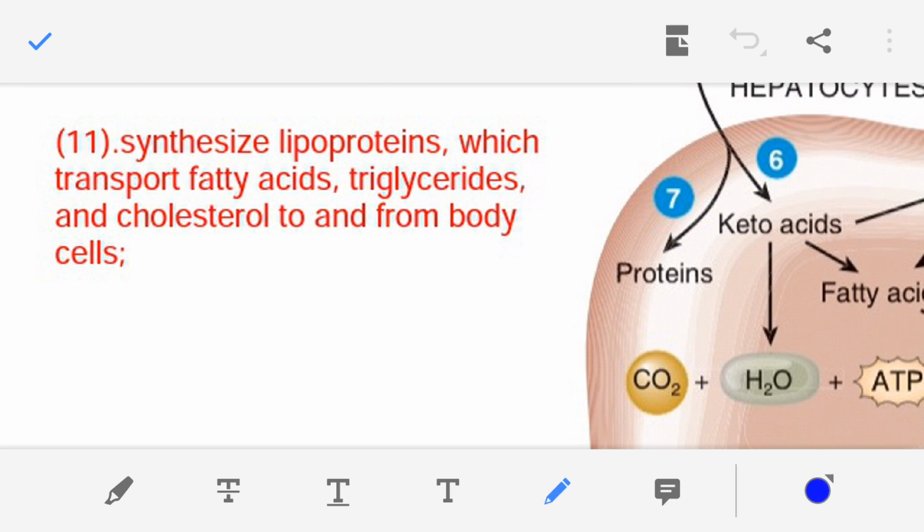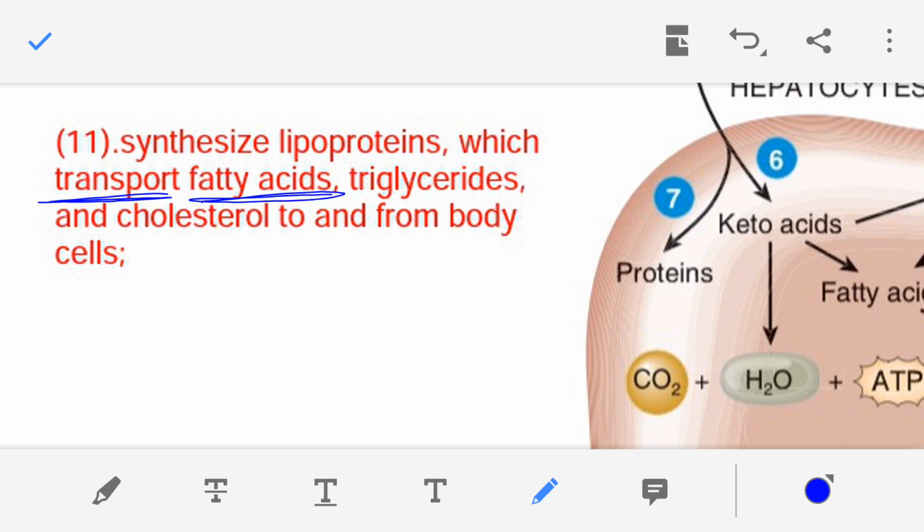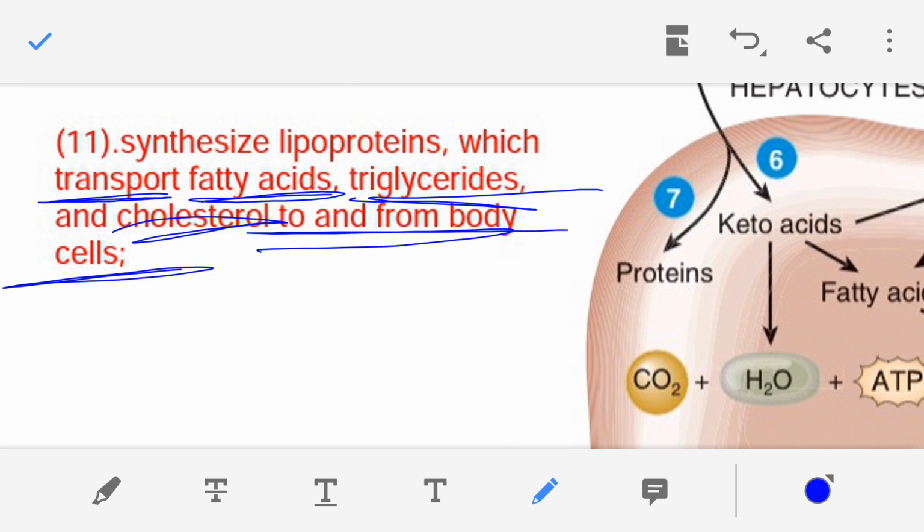And what role are these lipoproteins playing? What's the function of these lipoproteins? These lipoproteins are involved in transport of fatty acids, triglycerides and cholesterol to and from body cells. So what are they doing?